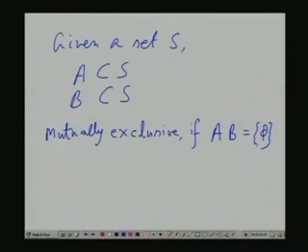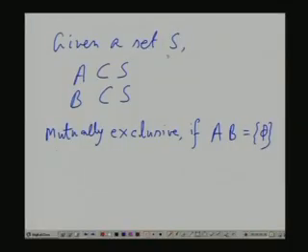Using probabilistic notions, it means that A and B could be two events which cannot occur simultaneously. Just to give an example.